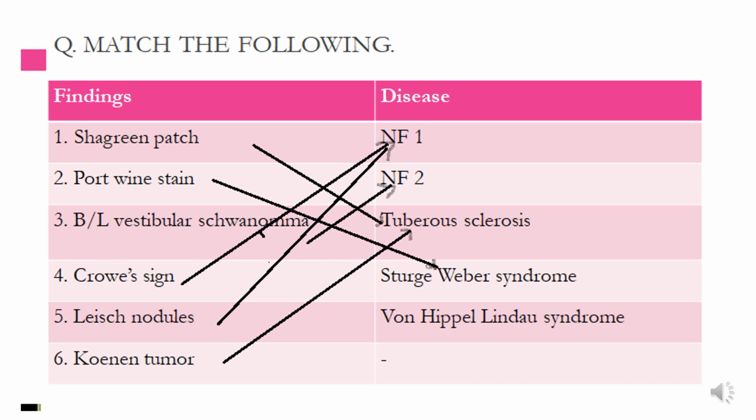Crowe's sign was nothing but axillary freckling, which we had seen was because of the coffee. So the coffee disease was neurofibromatosis type 1. Lisch nodules, again coffee, that is neurofibromatosis type 1. And Koenen tumor, it was like sprouting, and the vegetable disease, that is tuberous sclerosis.